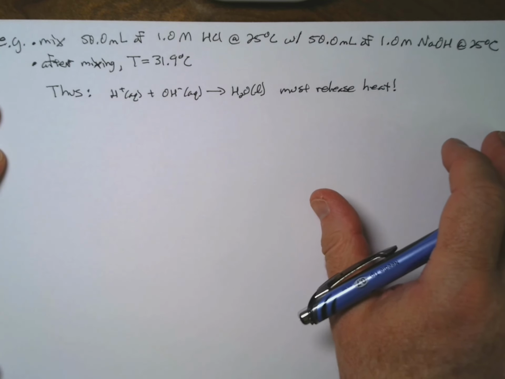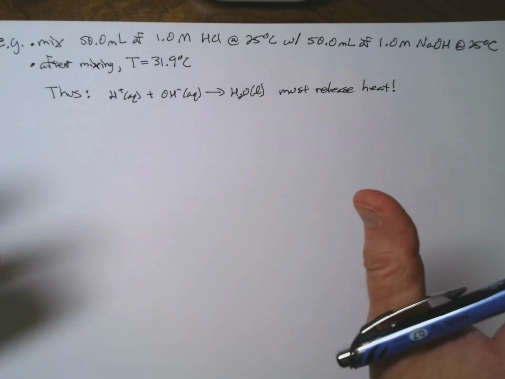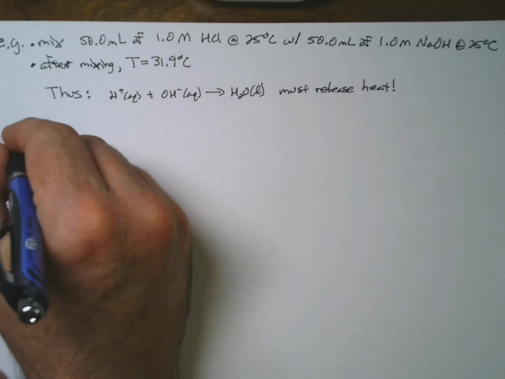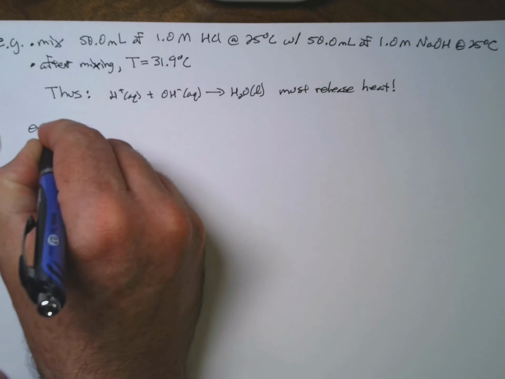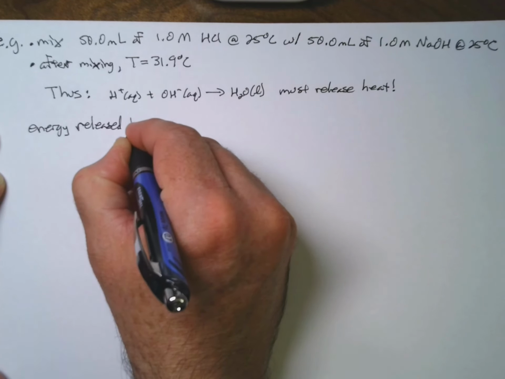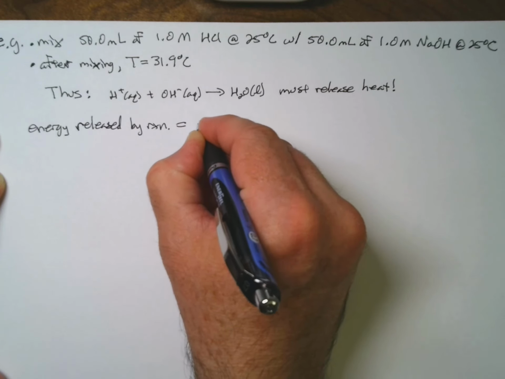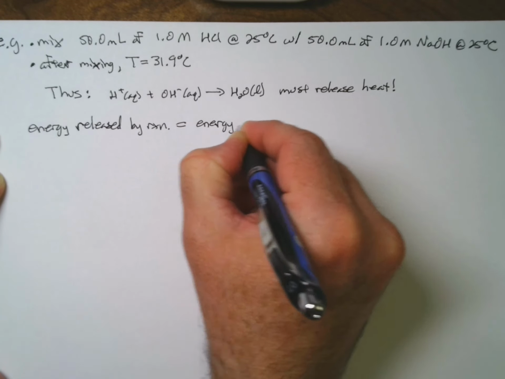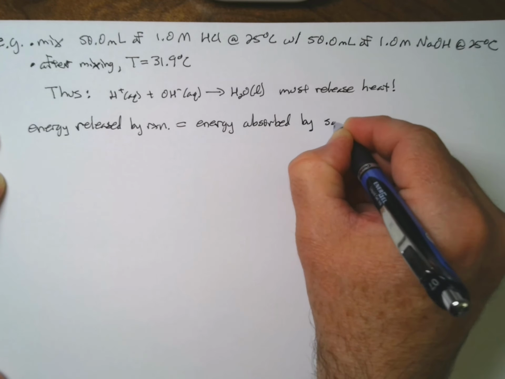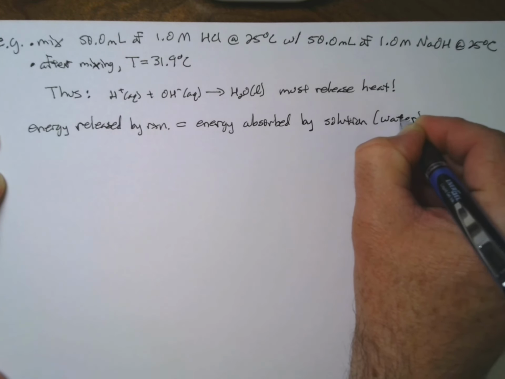Now we know that 4.18 joules are required to raise the temperature of 1 gram of water 1 degree Celsius, because that's the specific heat of water. So our energy released by the reaction is going to equal our energy absorbed by the solution. That is, the water; the solution is mostly water.